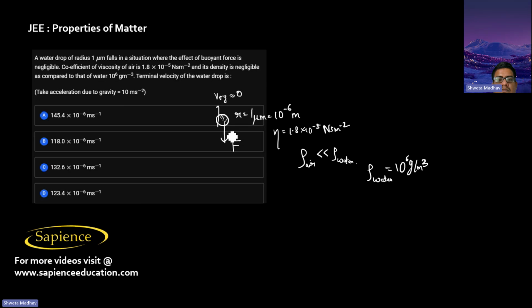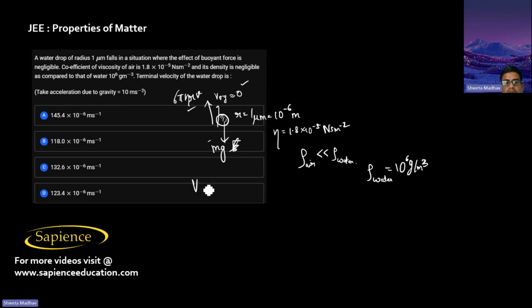So it means it is moving downwards. The net force downwards is the weight mg, and the upward force is the 6 pi eta rv, which is the viscous force, and buoyancy force is zero only. So for terminal velocity, the two forces should be equal and opposite.